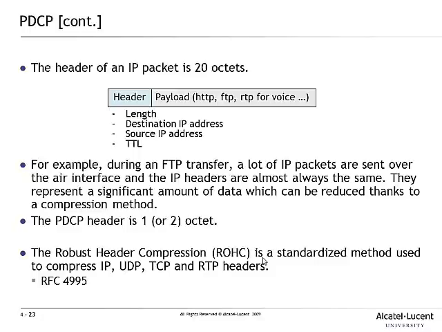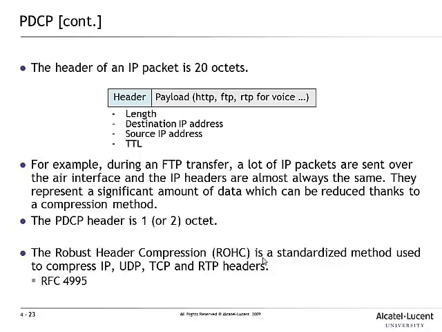Okay, but what we can do is, as it goes across the air interface, we can get rid of unnecessary information. So for example, in the case of an FTP transfer, a lot of the packets will have very similar IP headers. So the question is, why do you want to continuously transmit the same information?